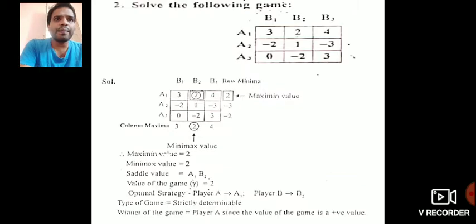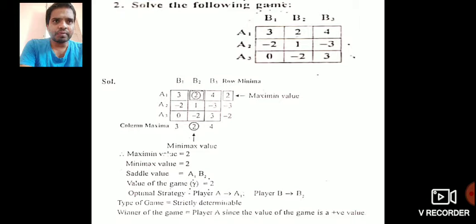Next, go for the second problem here. Here also player A has 3 strategies A1, A2, A3, and player B also has 3 strategies B1, B2, B3. Now apply the maximin and minimax principle here. Find the value first.